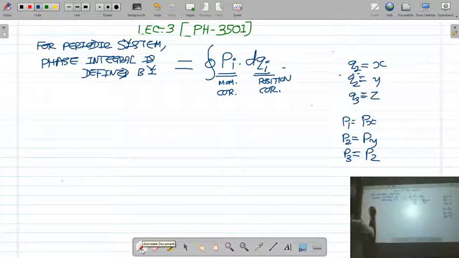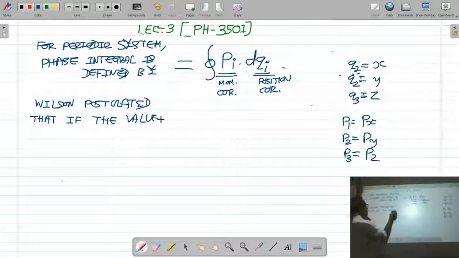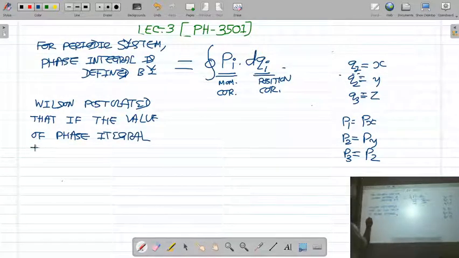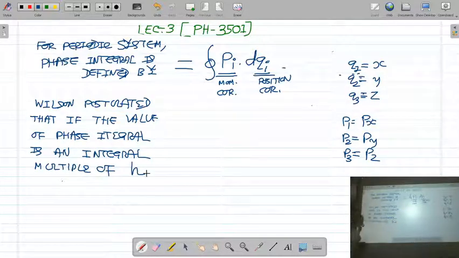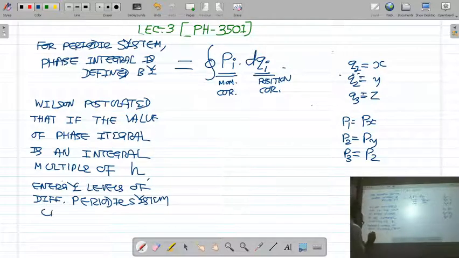Now Wilson postulated that if the value of the phase integral is an integral multiple of Planck constant h, then the energy levels of different periodic systems can be derived.